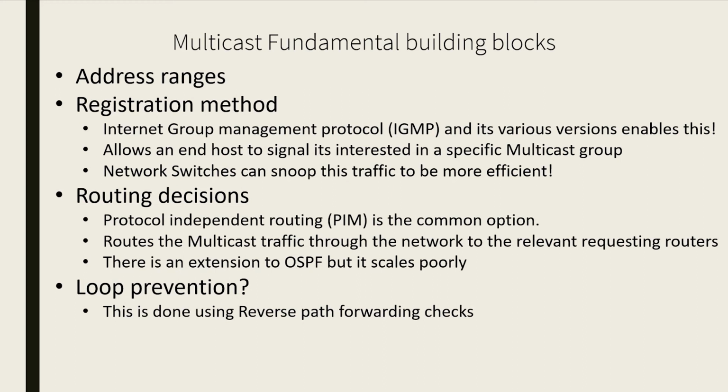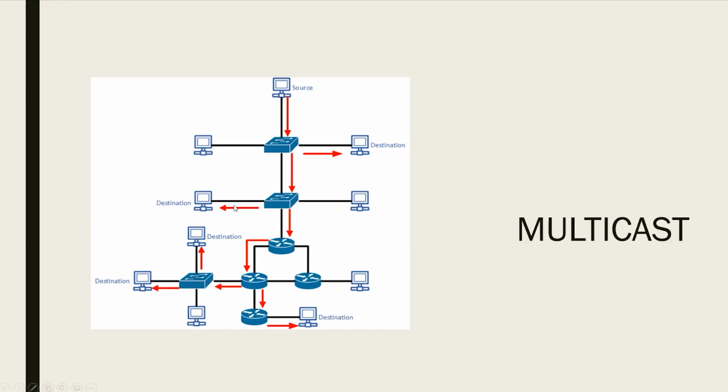Now, there is an addition to IGMP, and that is IGMP snooping. That can be enabled on some, not all, but some layer 2 and layer 3 multilayer switches. What it is doing is listening to these IGMP control messages. Without snooping, a layer 2 device would not know about that layer 3 multicast destination IP.